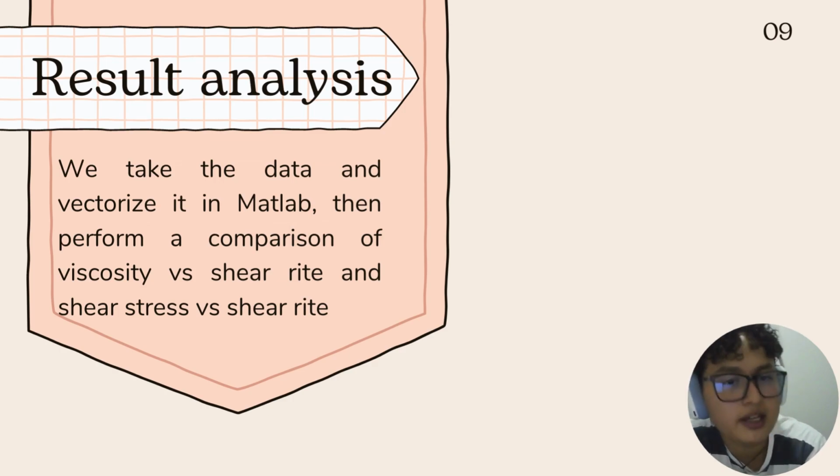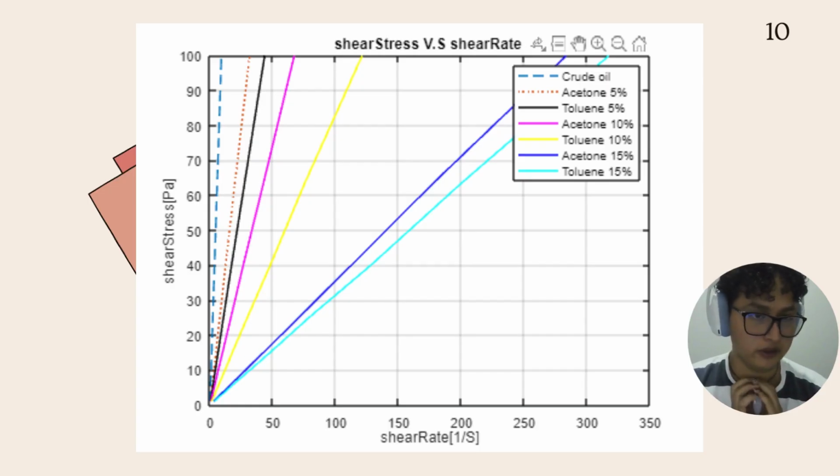So what will we do? We take the data and vectorize it in MATLAB. Then we perform a comparison of viscosity with shear rate, and shear stress with shear rate. What we have here is our first important graph, because it makes a contrast between the shear stress and the shear rate.